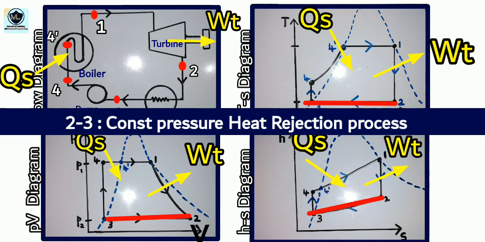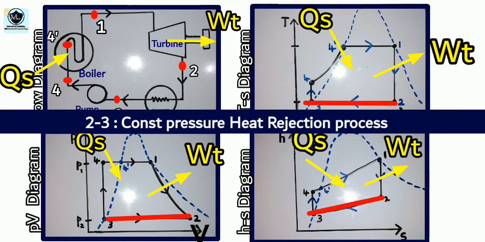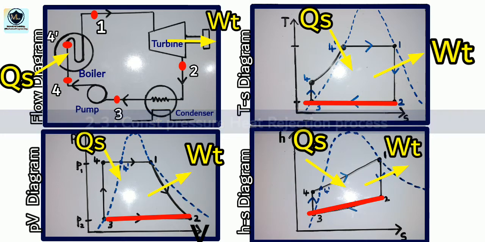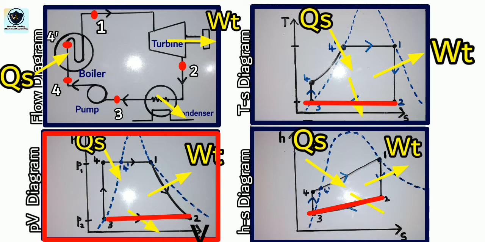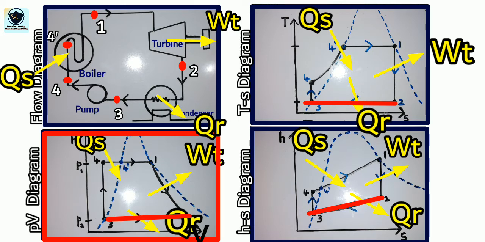In process 2 to 3, that is constant pressure heat rejection process, if you see the PV diagram, heat is rejected to the surroundings by the system through condenser and pressure remains constant, that is P2 equals P3. As steam is condensed to saturated water at state 3, volume decreases from V2 to V3.